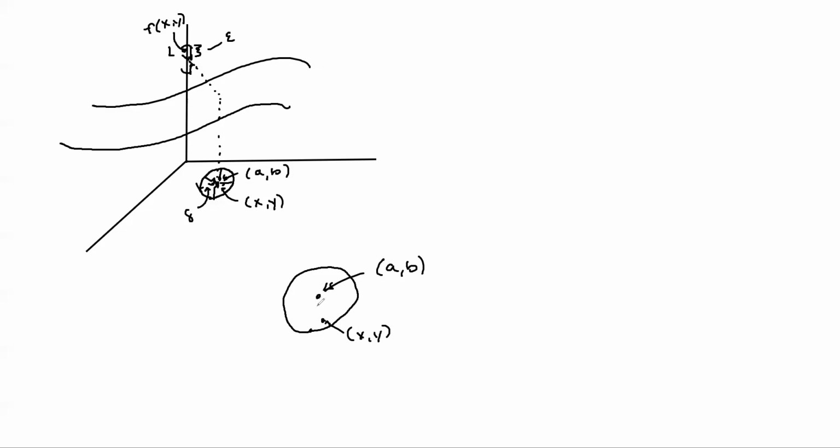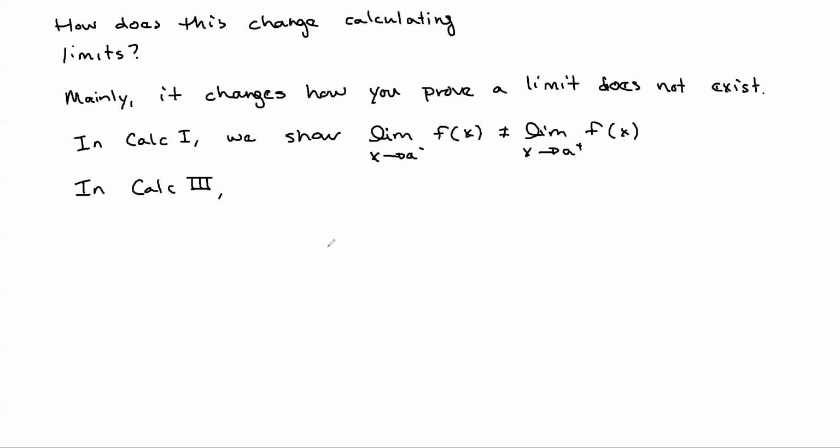Well, there's a lot of different ways you could do it. You could go in a straight line. You could go in a curved path. XY could be over here, and you could go this direction. There's a lot of different ways you can get from XY to AB, not just from the left and from the right. And so because of that, it's going to make things a lot more complicated. So that two input is going to be a serious problem.